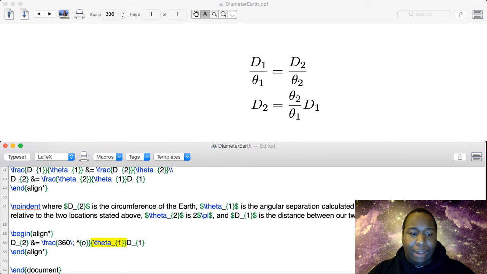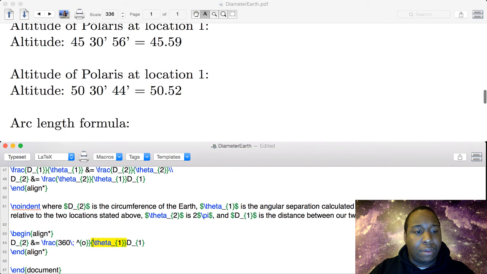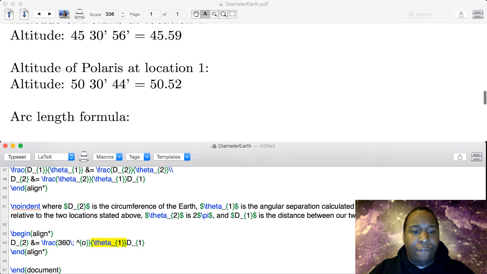We already know the angular difference between our altitude calculations, I'll scroll up here, was like 5.02 degrees. And lastly, the distance that we calculated for them was 555 kilometers.